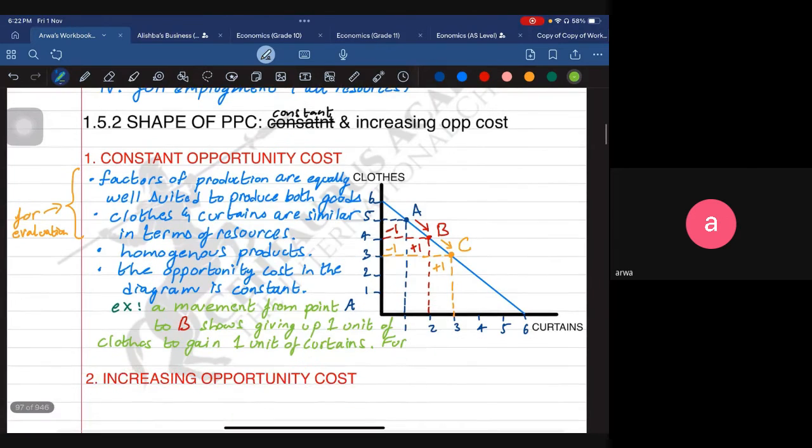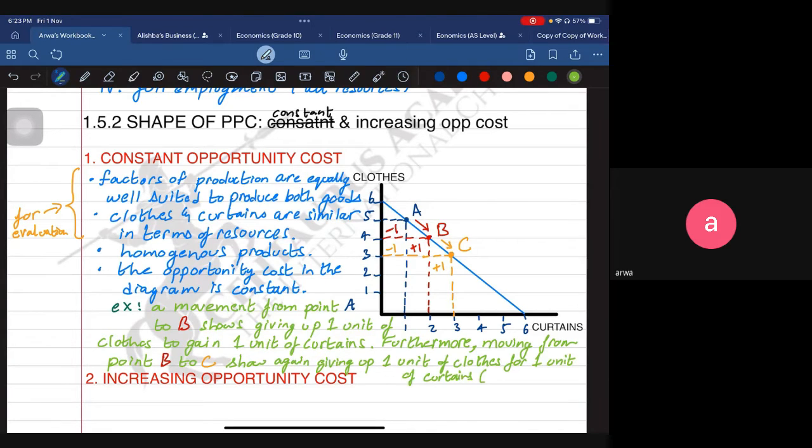Furthermore, moving from point B to point C shows, again, giving up 1 unit of clothes for one unit of curtains.